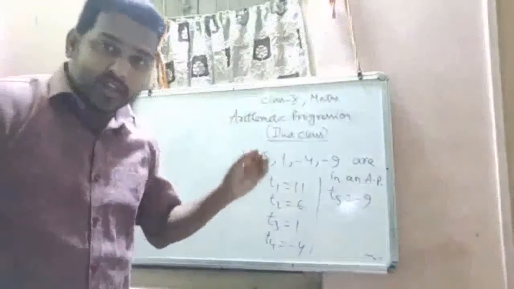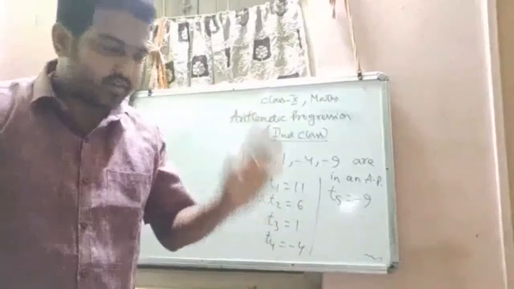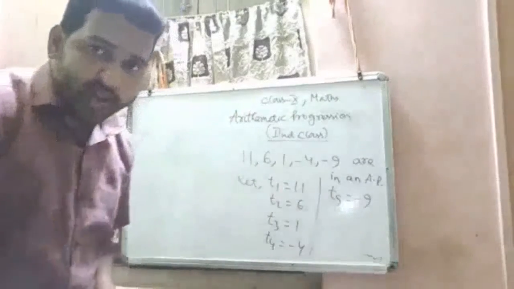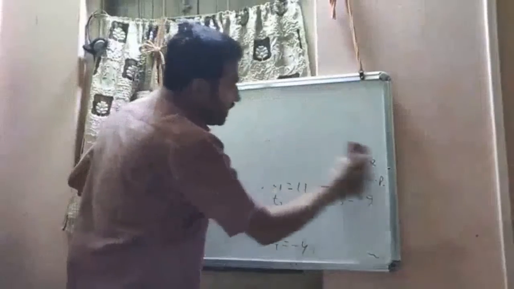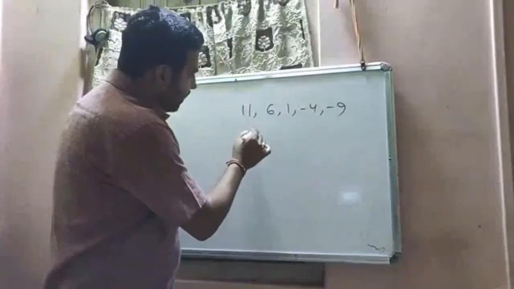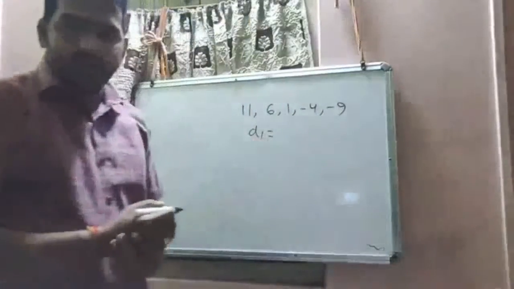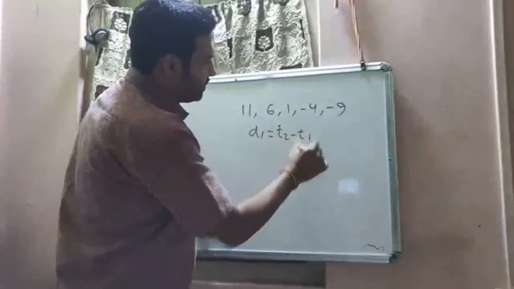So we have just assumed the terms as T1, T2, T3, T4 and T5. And the only criterion here is that the difference between any two consecutive terms should be the same. So the difference between the first two terms, that is D1 is equal to T2 minus T1.